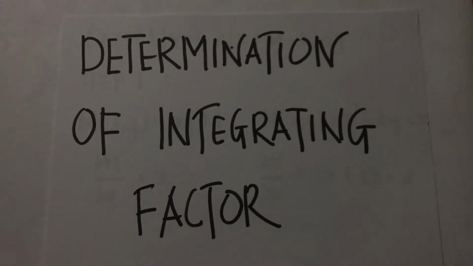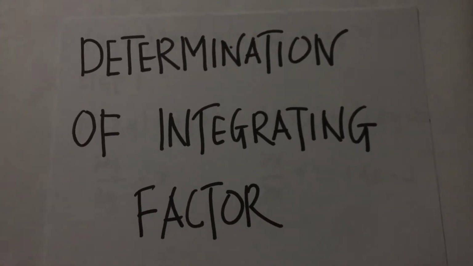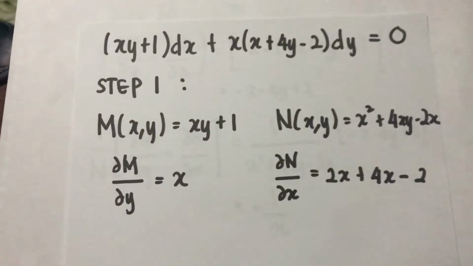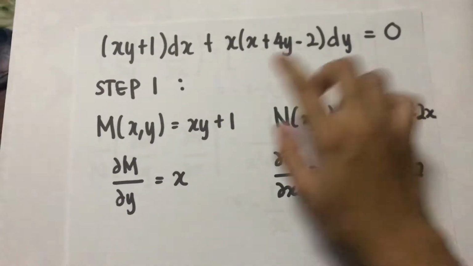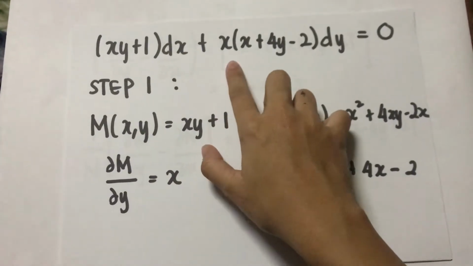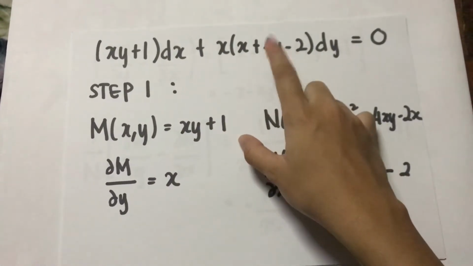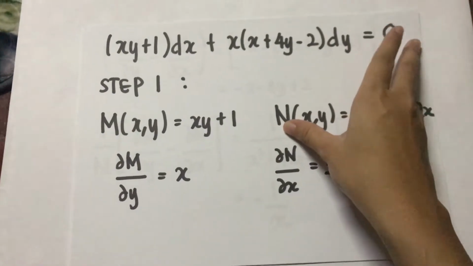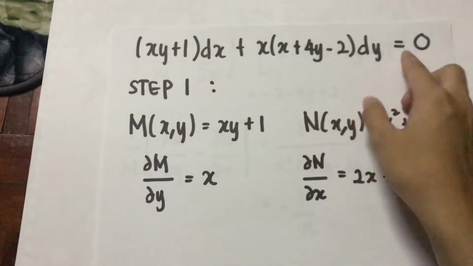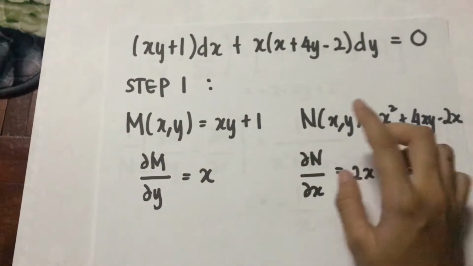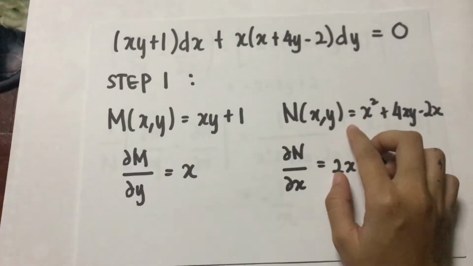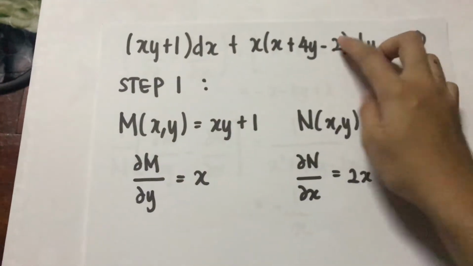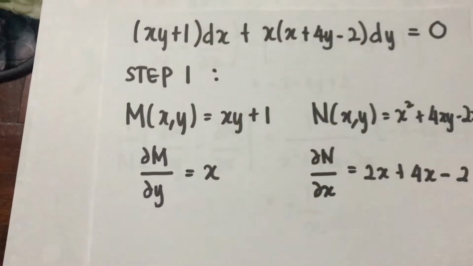Okay, next we're going to continue with the second method, which is determination of the integrating factor. The question is (xy plus y) dx plus (x plus 4y minus 2) dy equals 0. From this equation, we can identify which one is M(x,y) and which one is N(x,y). As usual, the first one is M and the second one is N. That is the sequence.